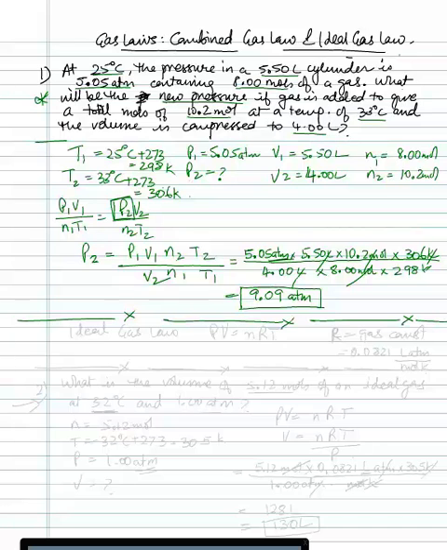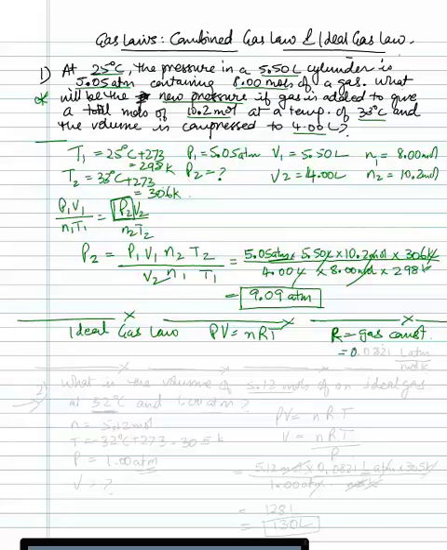Now we're going to go on to ideal gas law. Ideal gas law, as we know, is PV equals nRT, where R is the gas constant. These problems are actually quite straightforward. It's not so much about initial and final, it's just about getting the right units, because the gas constant has very specific units.